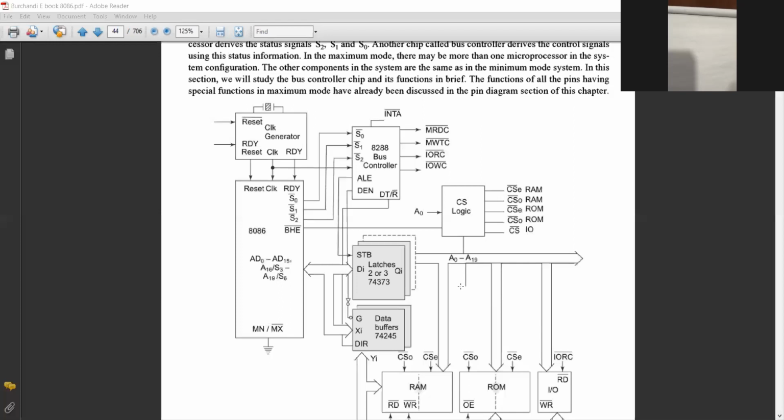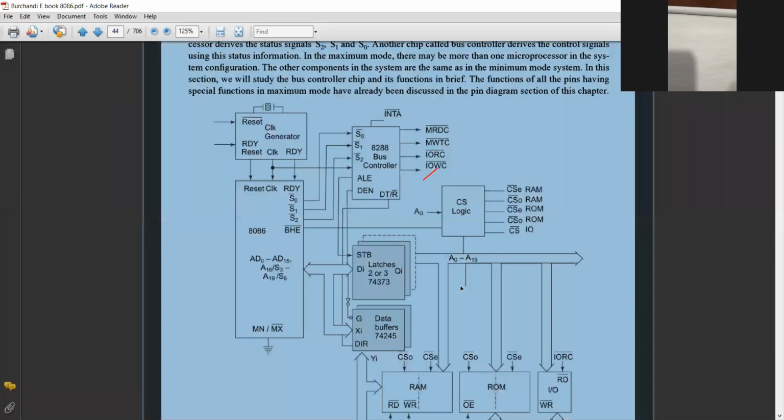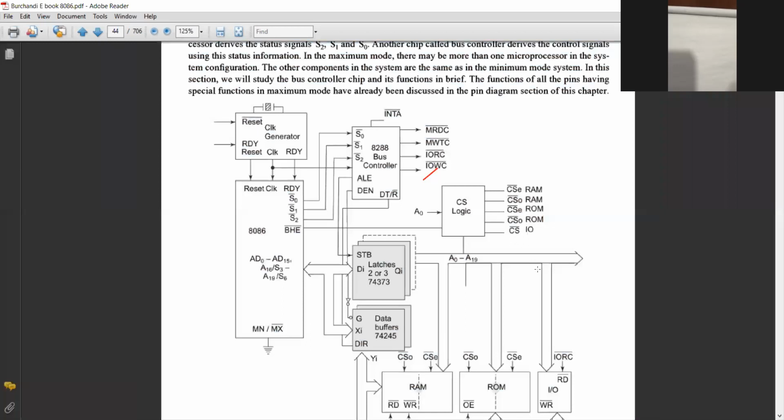Just see now I am talking about these portions. There are 3 signals: S0, S1 and S2.